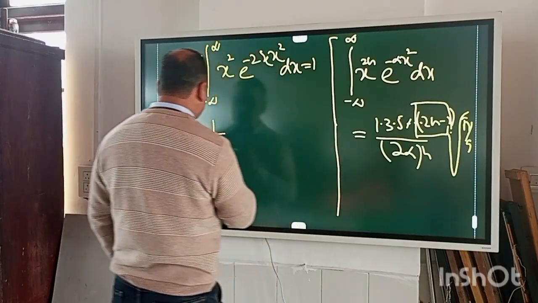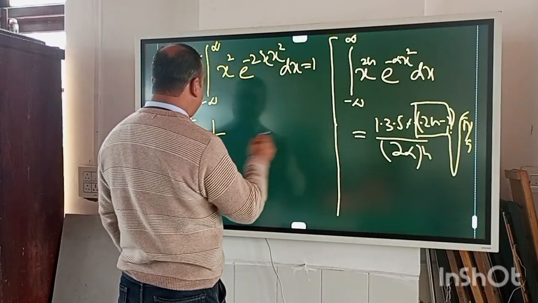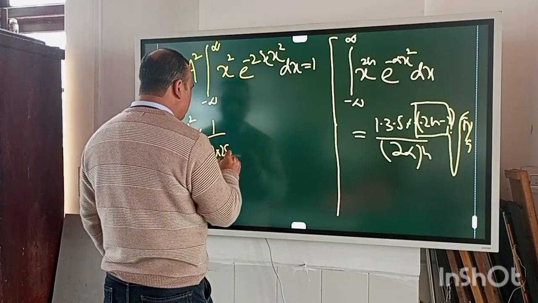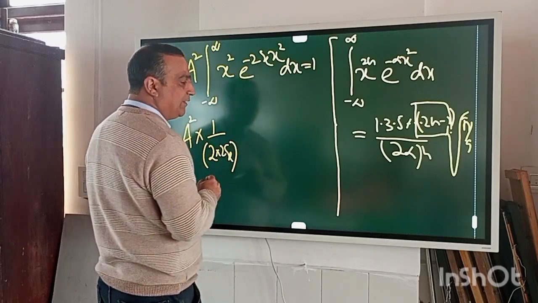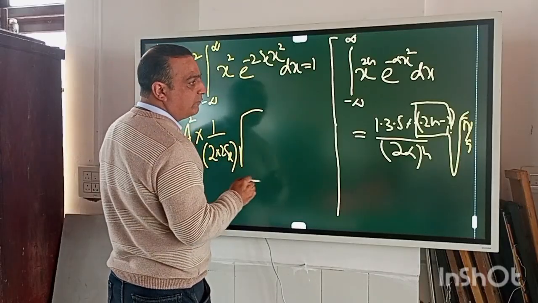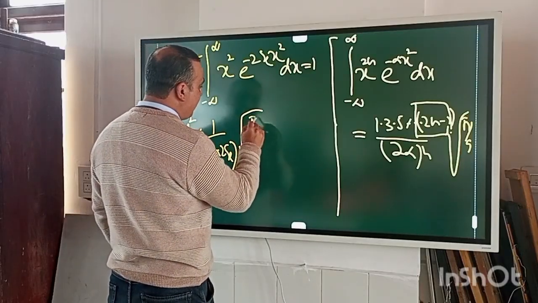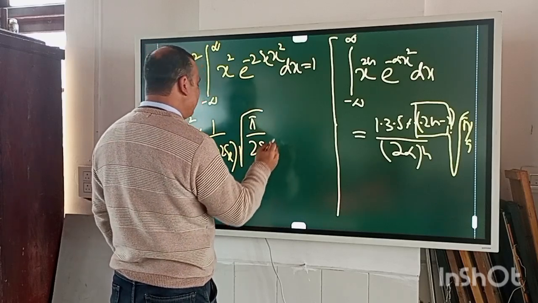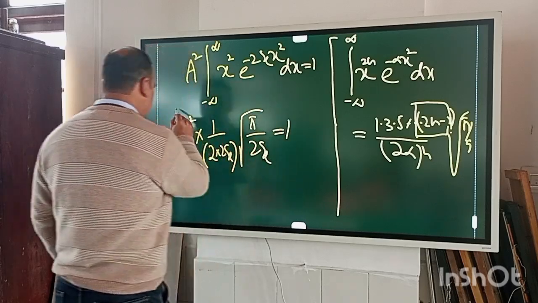Instead of 2 alpha, we have 2 times 2 zeta, whole raised to the power n, which is only 1, under root of pi by alpha, which is 2 zeta. This is equal to 1.